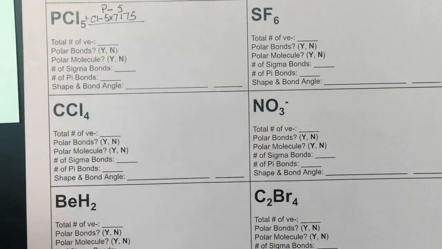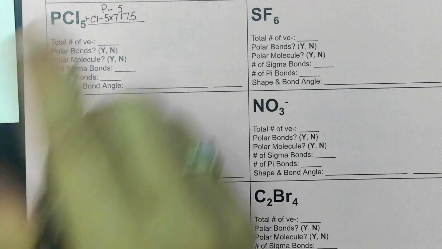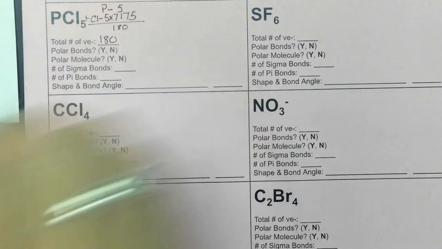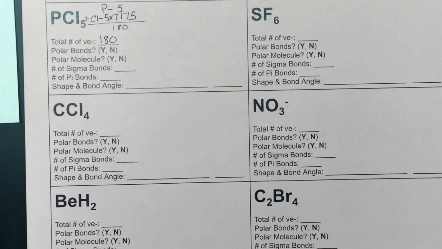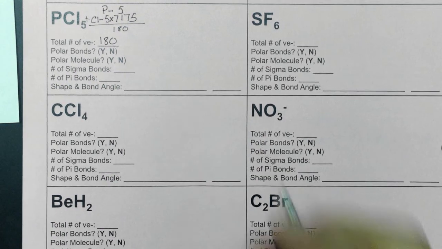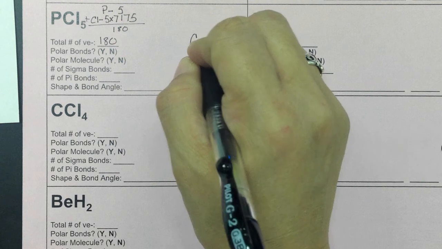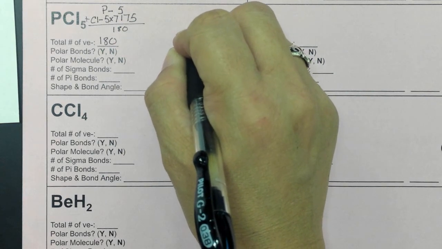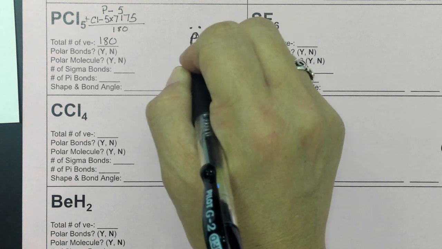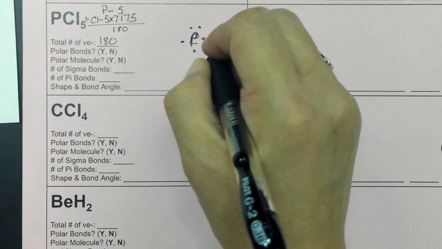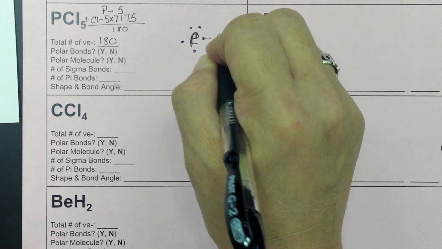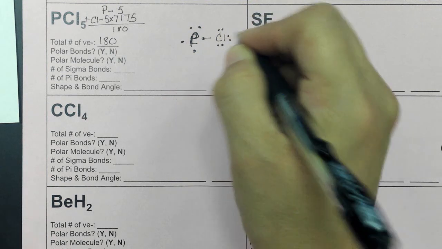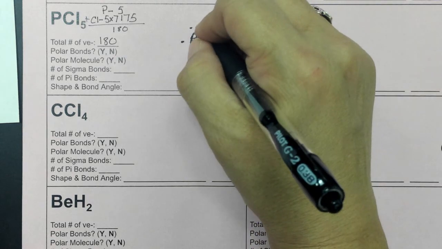So when I add those together, my total valence electrons is 180. Phosphorus is one of my exceptions, and so it's going to make phosphorus 1, 2, 3, 4, 5 with all of my lovely chlorines, each having 7.